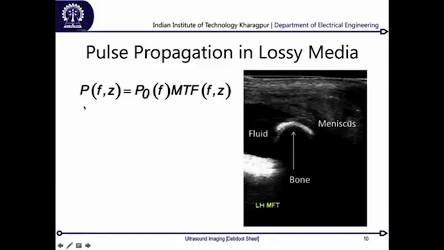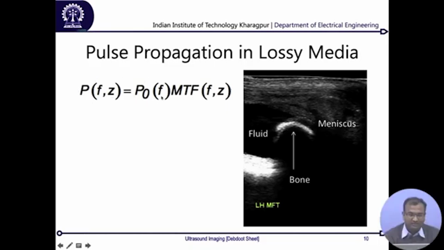Now we define something called the material transfer function while the wave propagates through an ultrasound, and this is the relation between them. What this says is that, say P naught of f is the power of ultrasound at a particular frequency. This is very much dependent on the frequency of the transducer you are using when it is being activated.